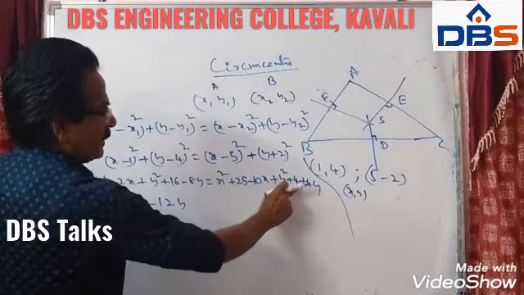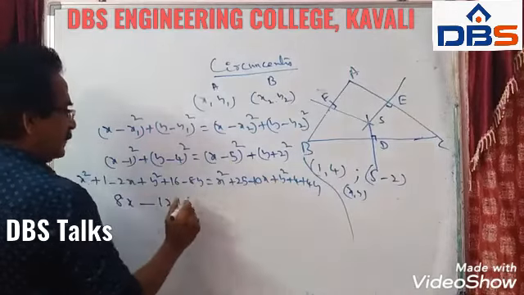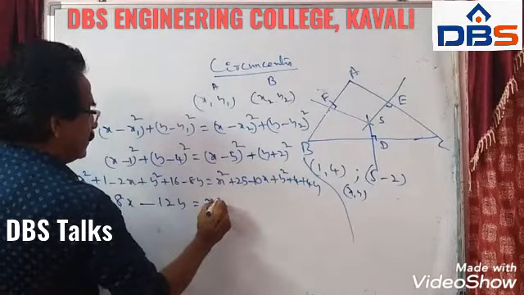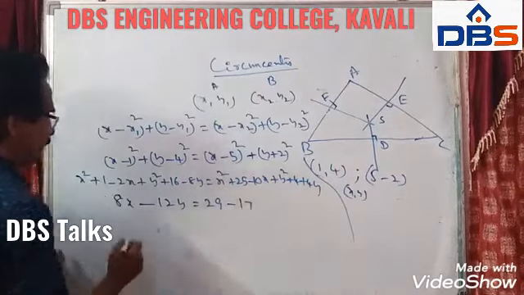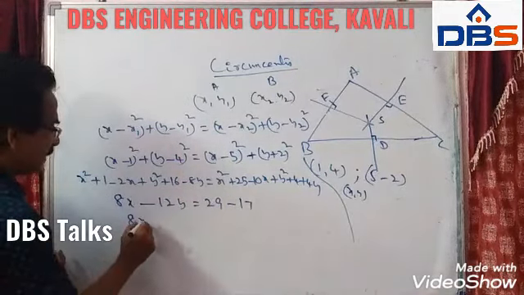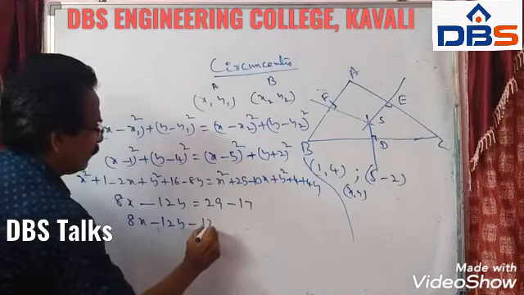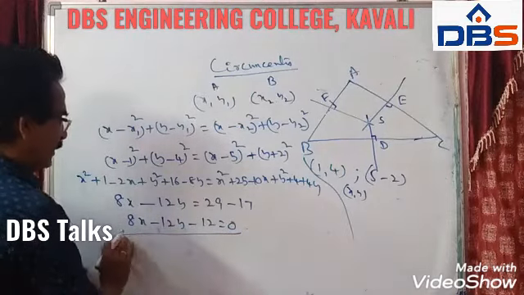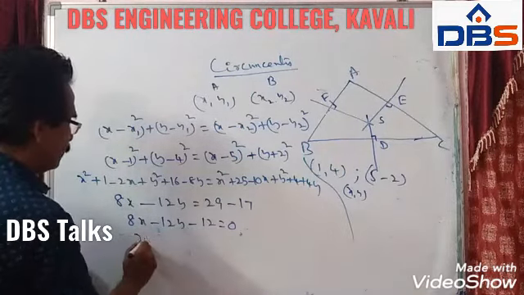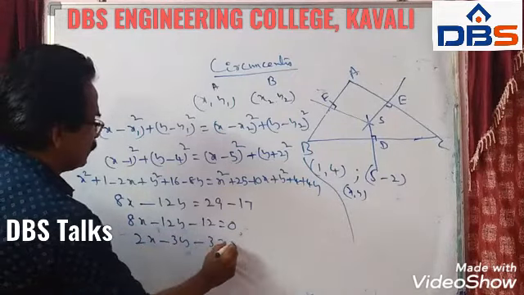Constant term: 25 plus 4, 29, 29 minus 17, 12. So 8x minus 12y minus 12 is equal to 0. We can further simplify by dividing by 4: 2x minus 3y minus 3 is equal to 0.